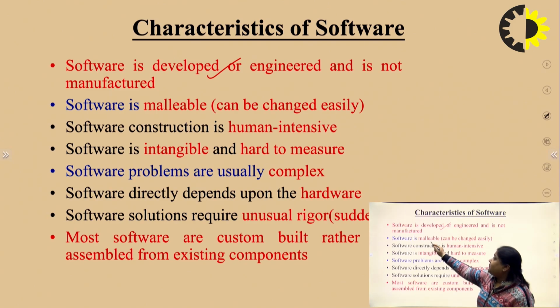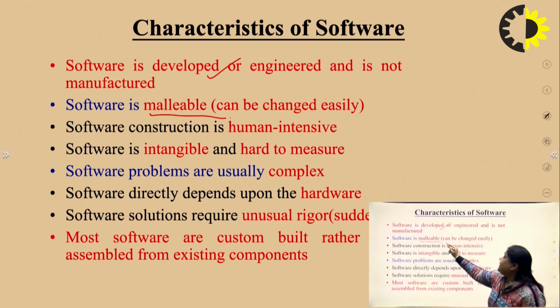Then software is malleable. Malleable means it can be changed easily. If a machine has been manufactured, it is very difficult to change the parts and to purchase a new part every time.